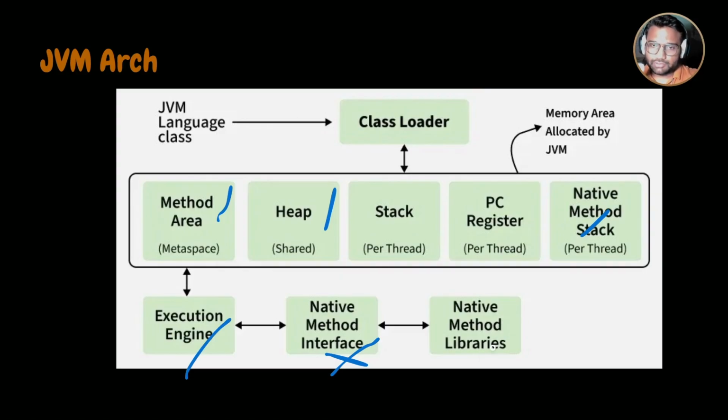The native method interface is for when you are using some piece of code written in C or C++. The difference between this and the native method libraries is that the libraries are at your hardware level, that is, networking or graphics, all of which is written in the native language, C or C++. So to use the networking module or the graphics module, we have the native method libraries.